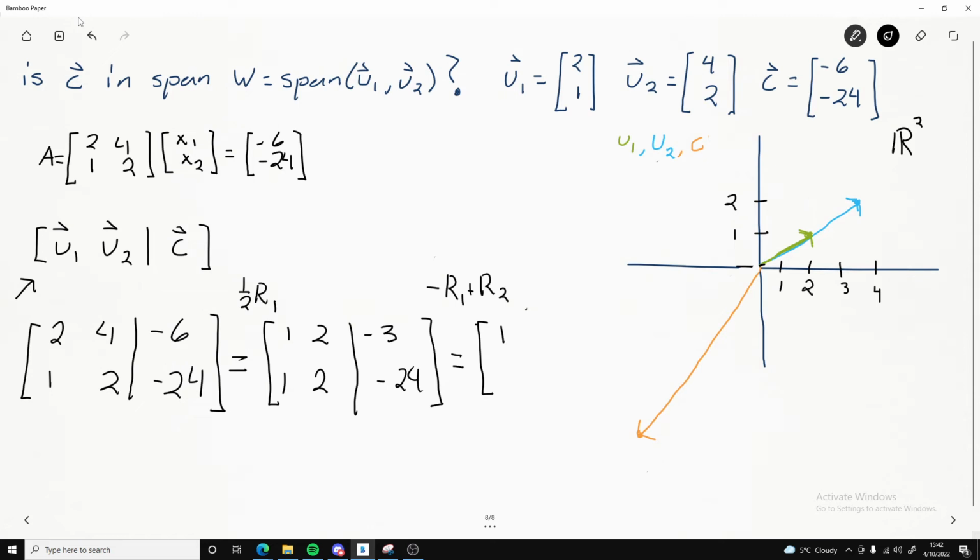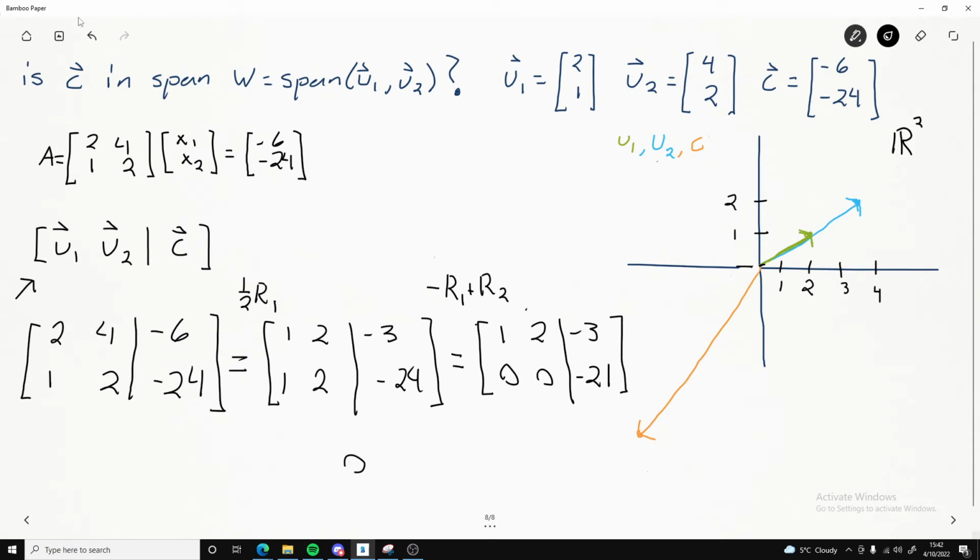And so we're going to have the same top row, like this. But now we're going to have 0, because negative 1 times 1 plus 1 is 0. Same thing for 2, we're going to have 0. And then here we're going to have negative 21, because negative 3 times negative 1 is 3, and 3 minus 24 is negative 21. And so now we have an issue.